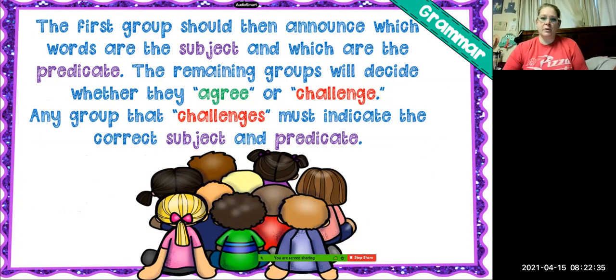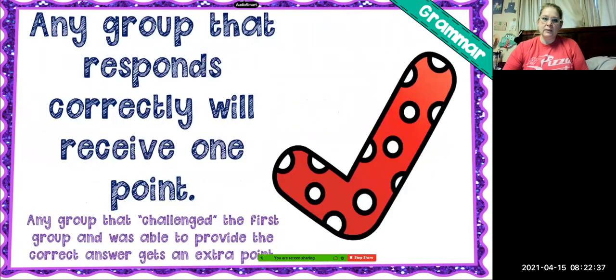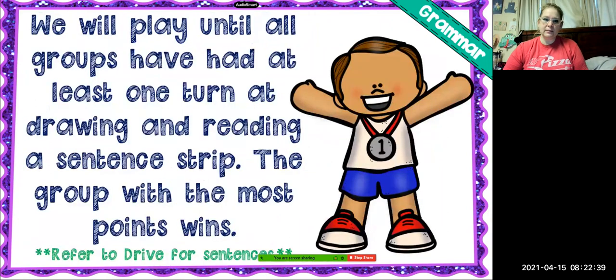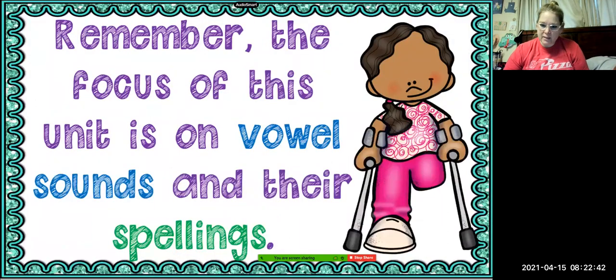We can't do all this part because we're not together. Okay, so I'm actually going to stop sharing. We can't do it with the game part because we're not together, unfortunately. But we are going to go over the sentences just like we did last time.